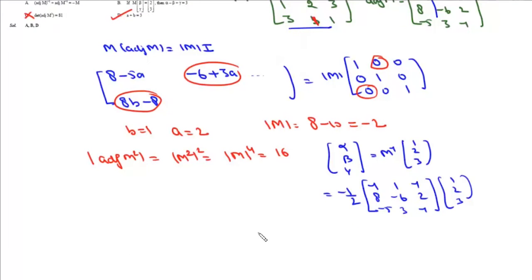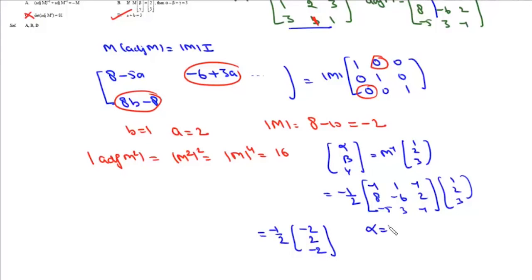Now if we multiply them, we'll get minus 1/2 times: minus 1 plus 2 minus 3, which is minus 2; 8 minus 12 plus 6, which is plus 2; and minus 5 plus 6 minus 3, so it will be minus 2.